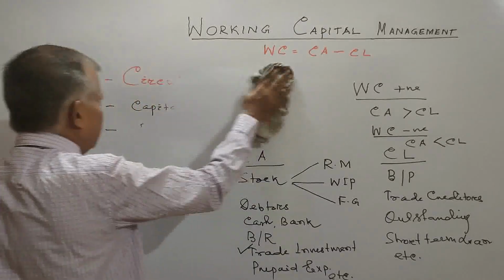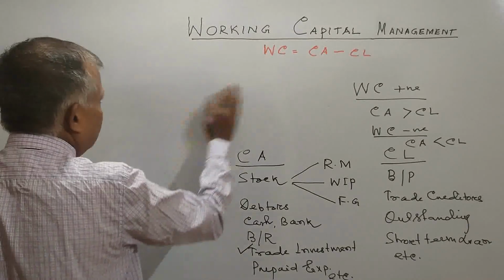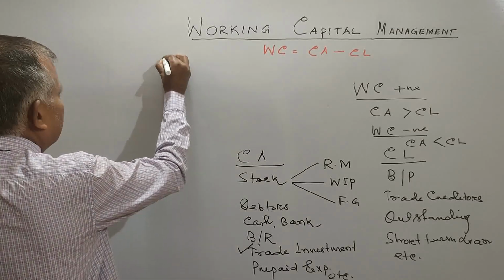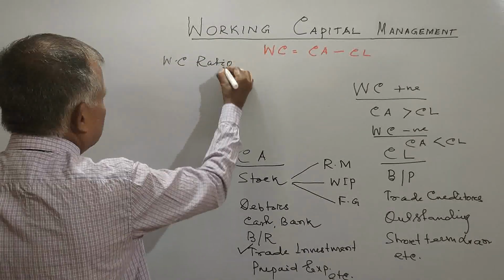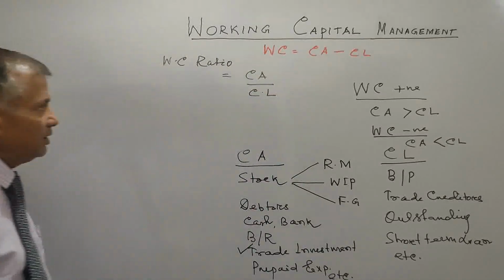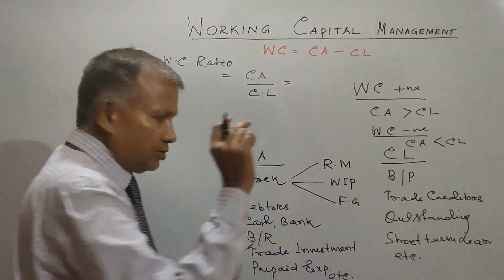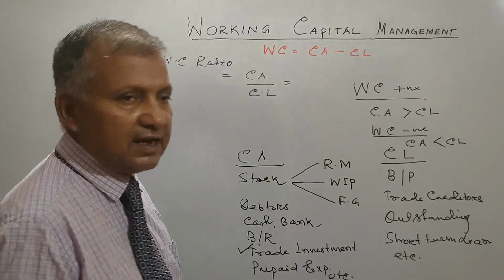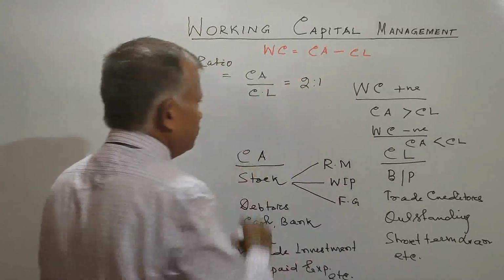Similarly, we can say there is a working capital ratio. That is your current assets by current liabilities. There is no specific standard, but from the general concept, the standard result is 2:1.